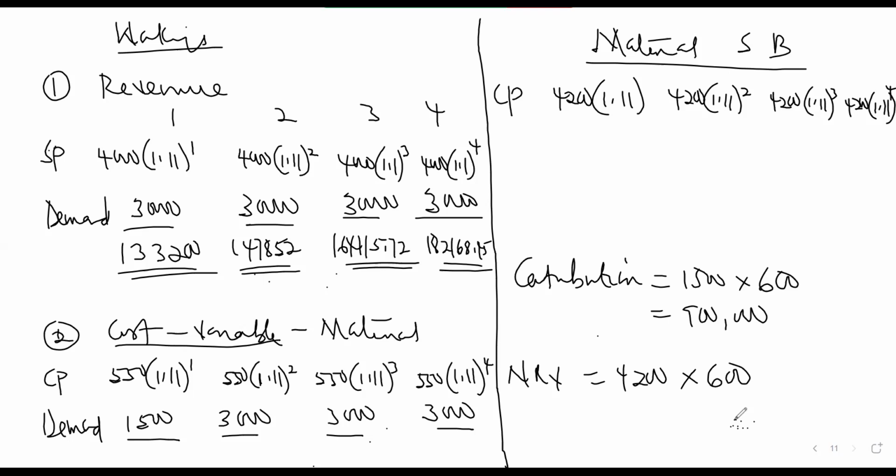Okay. So 4,200 times 600. I'm getting 2,529... Are you sure? I'm getting 252. Hold on. 252. $2,520,000.